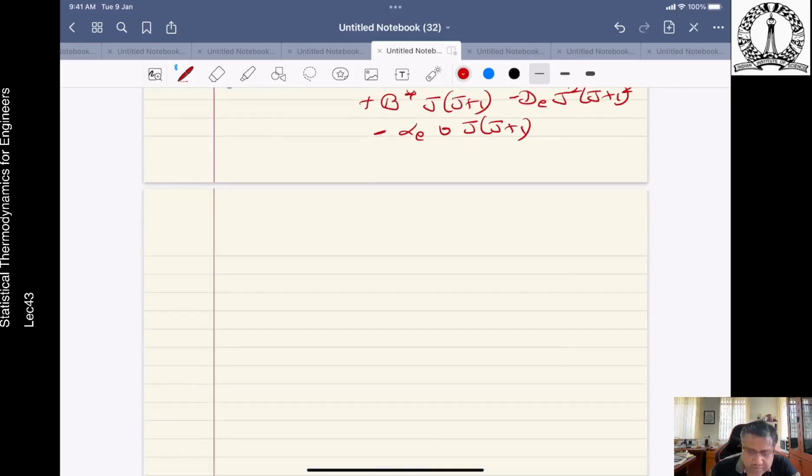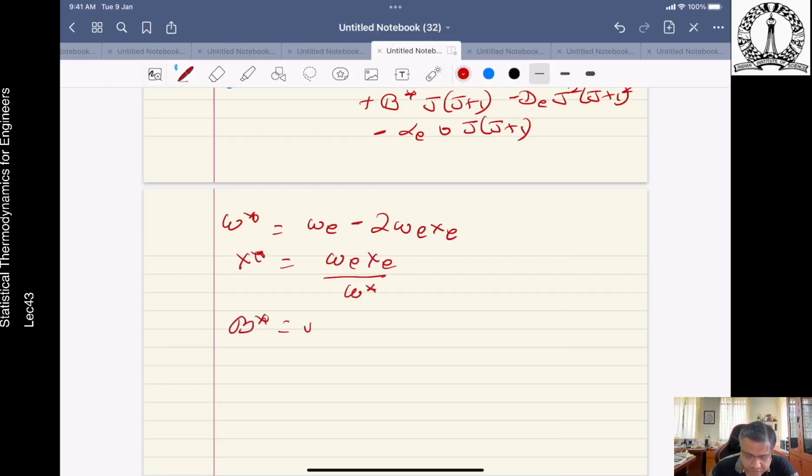Okay, so omega star equal to omega_e minus 2 omega_e x_e. X star is equal to omega_e x_e by omega star, and B star is equal to B_e minus half alpha_e.